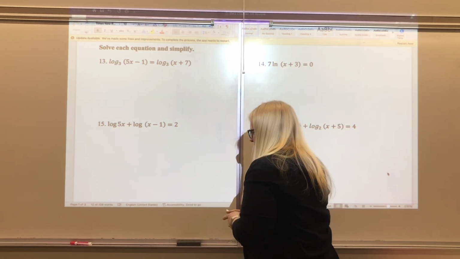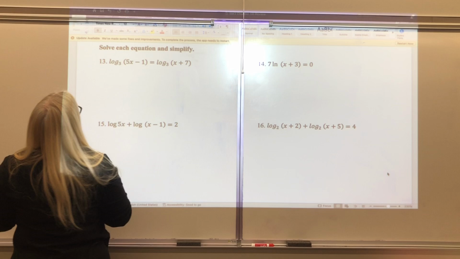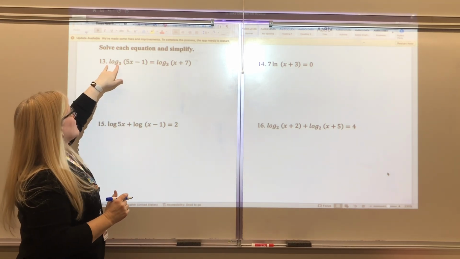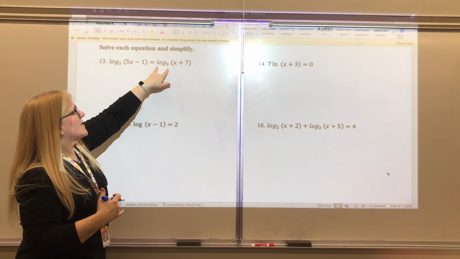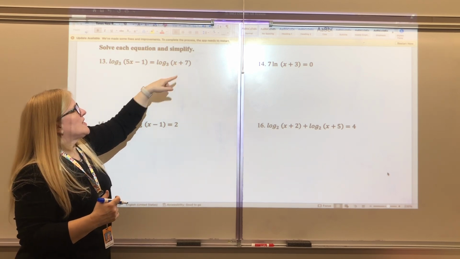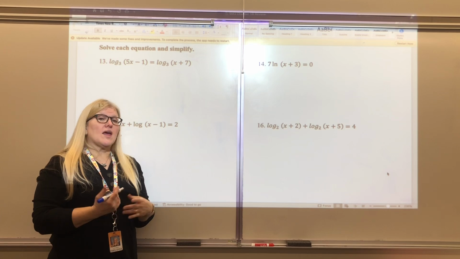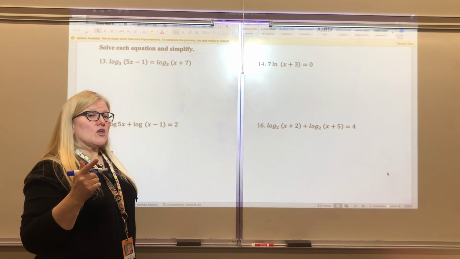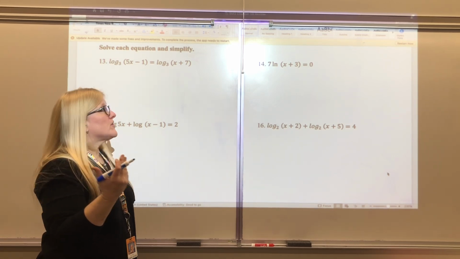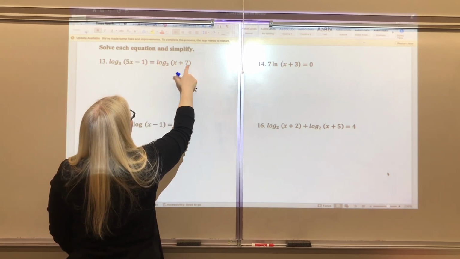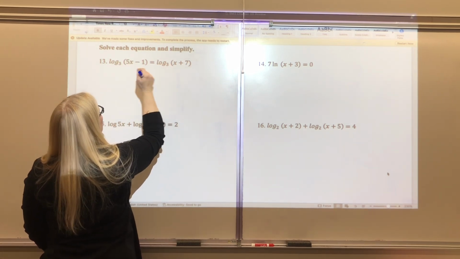All right, we have that property that tells us that if we have log of the same bases on both sides, all we have to do is set these two things equal to each other, okay? And you can think of it that way. If you forget that, you can also look at this and go, oh, I have 1 log on this side, I have 1 log on this side, both are base 3.